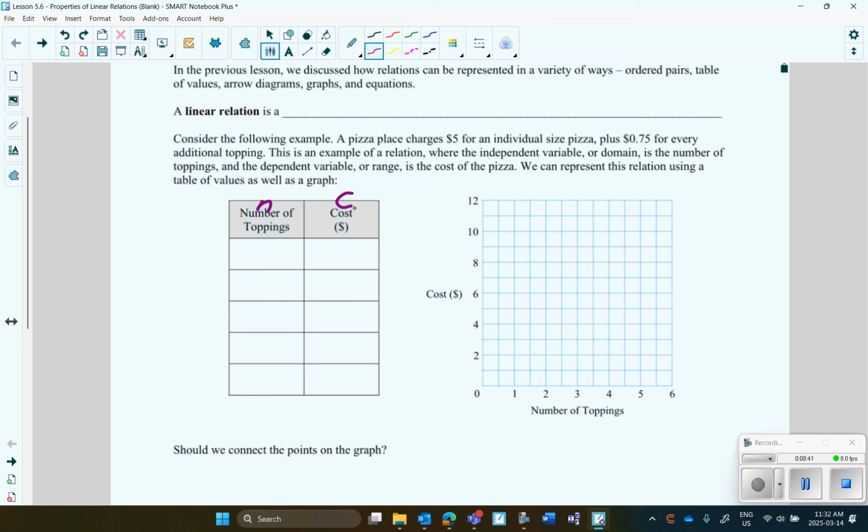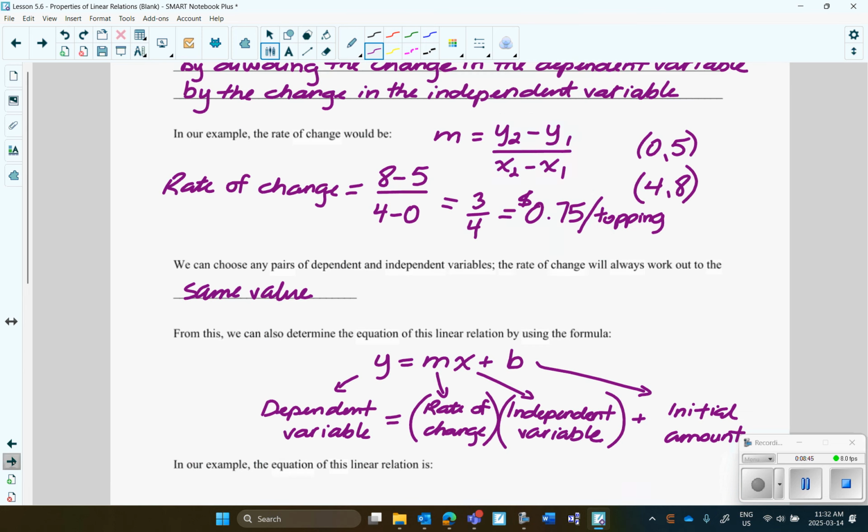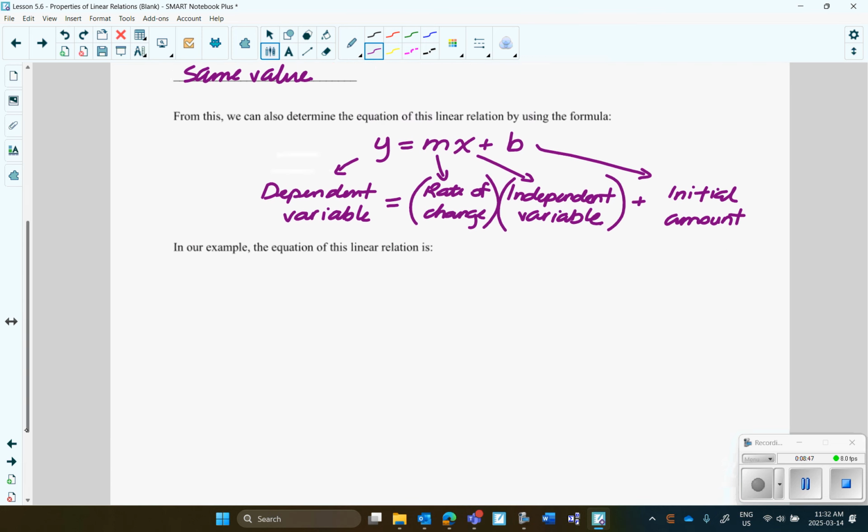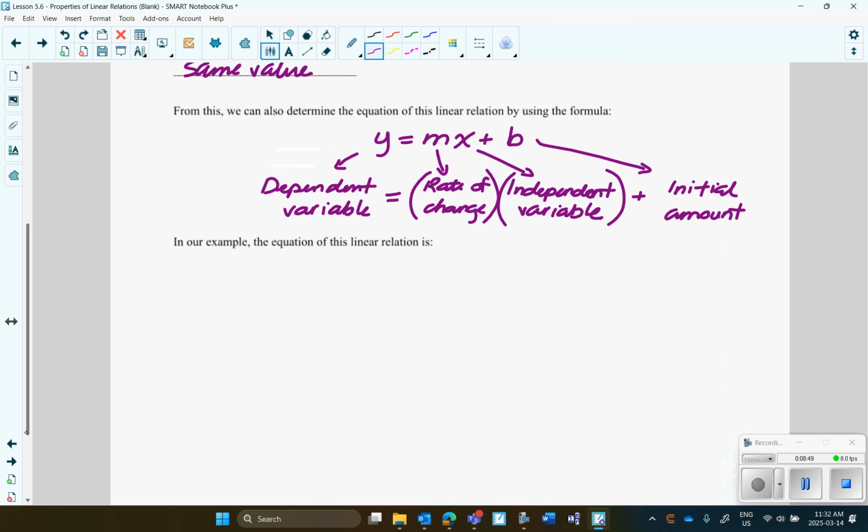So let's use capital C. So the dependent variable is cost, and we're going to call it capital C. What was the rate of change?